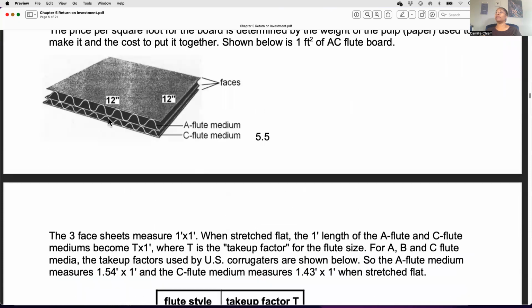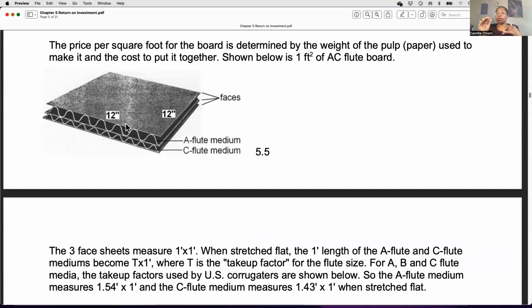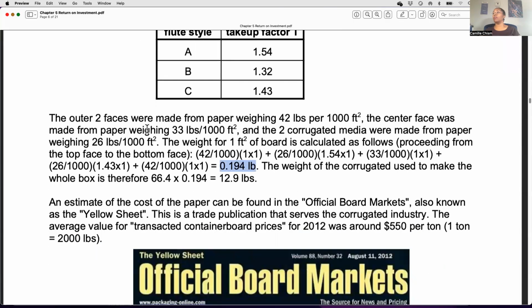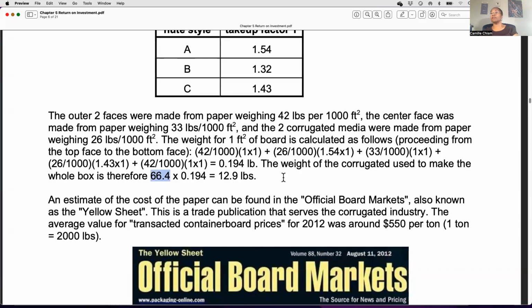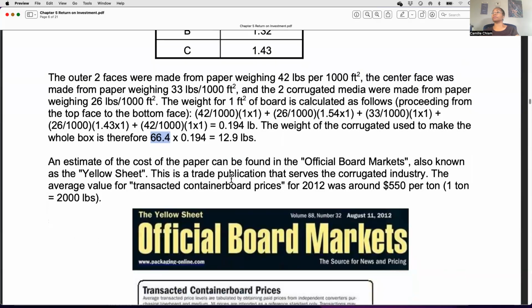So the weight of this cutout is the 0.194. But then in order to figure out the whole box, you're going to multiply that 1 square foot by the 66.4, and that's going to give you 12.9 pounds.